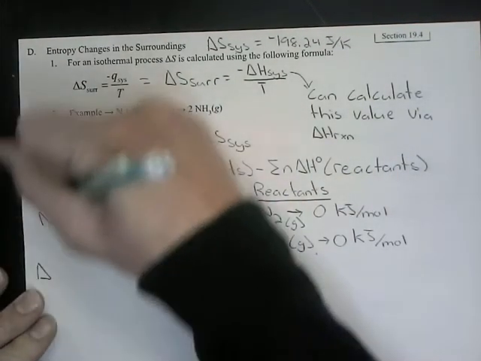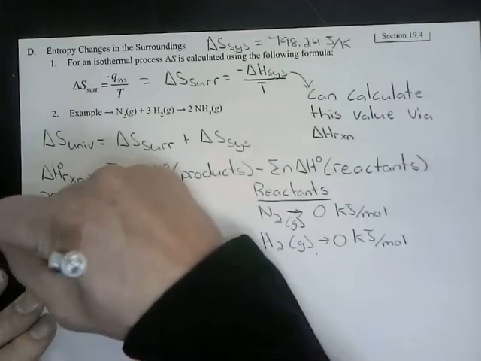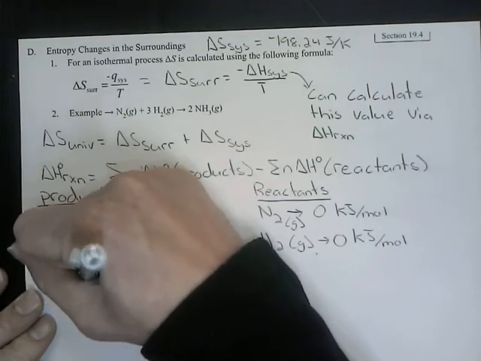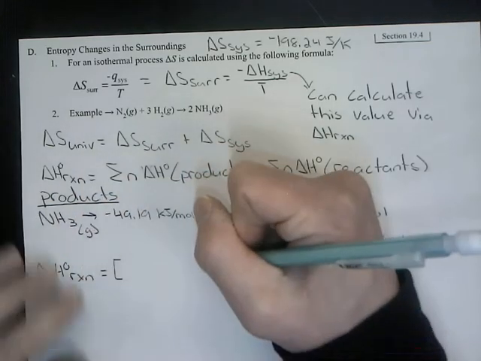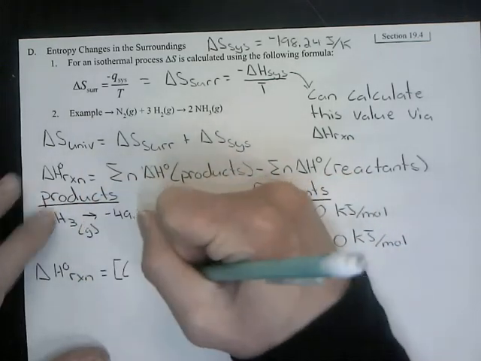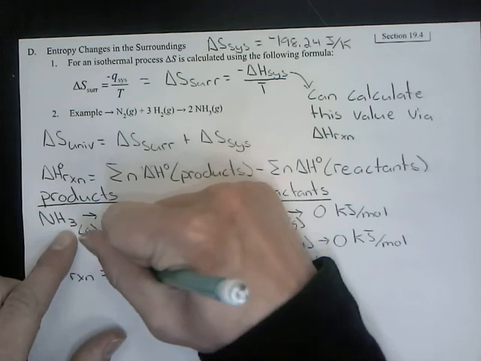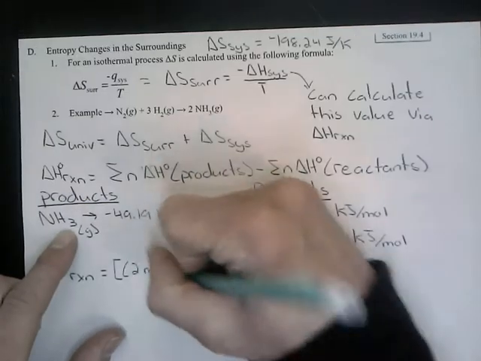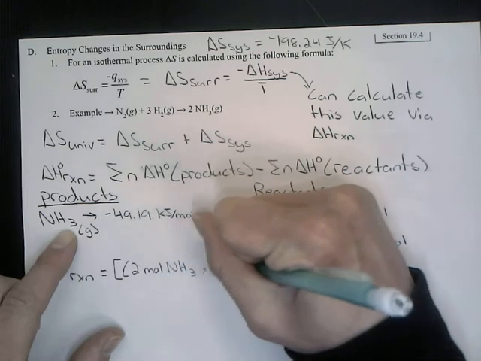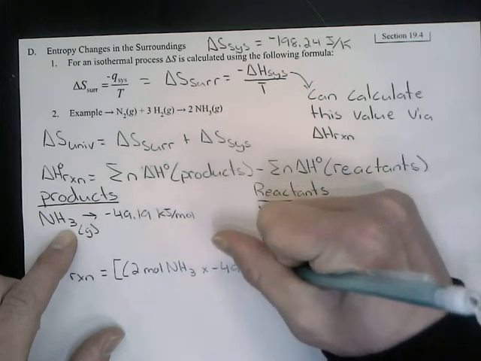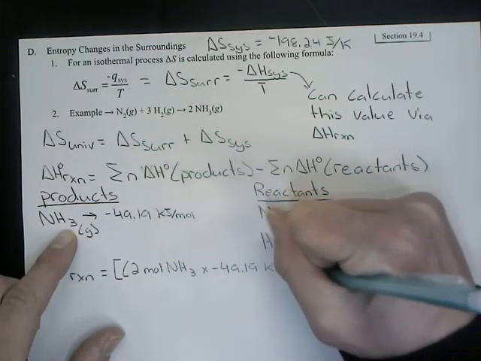What happens here is this. The standard delta H of the reaction is equal to, bracket, our number of moles of NH3, 2 moles NH3, times negative 49.19 kilojoules per mole.